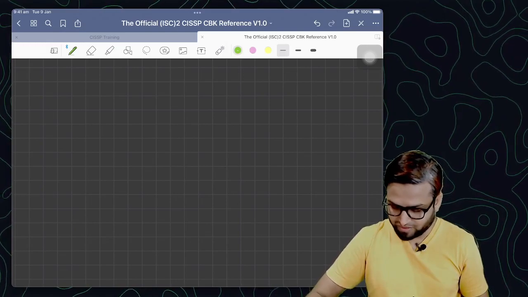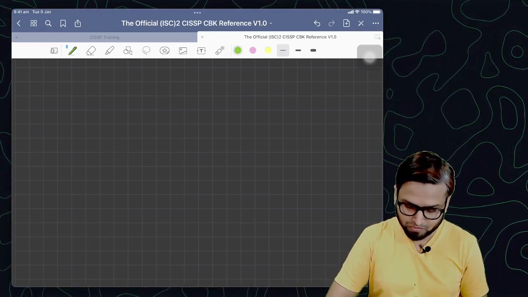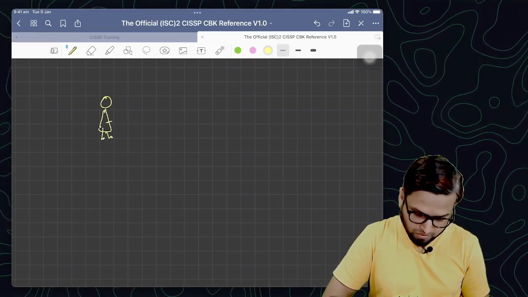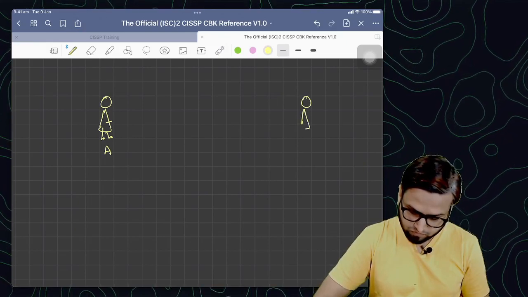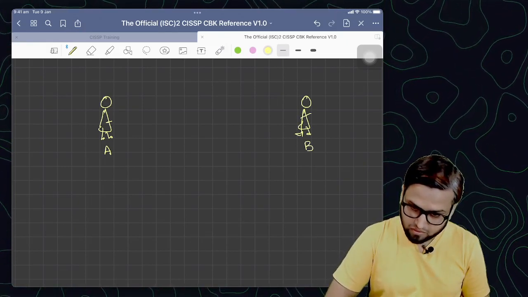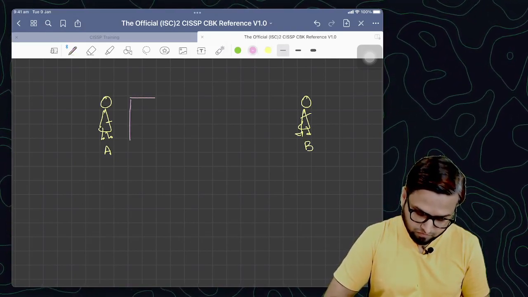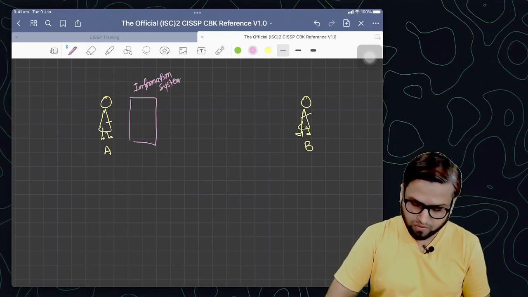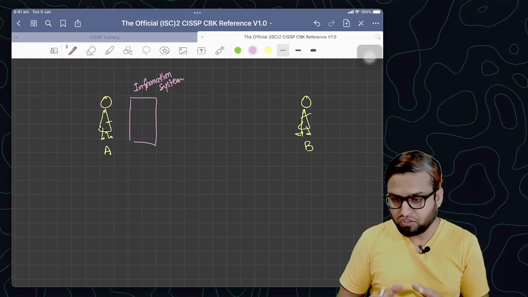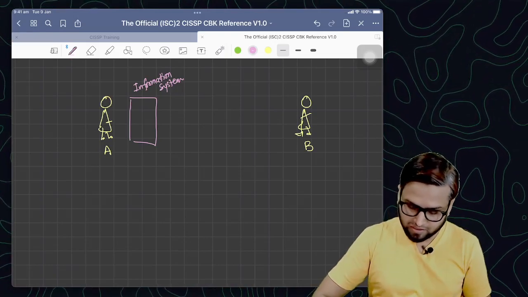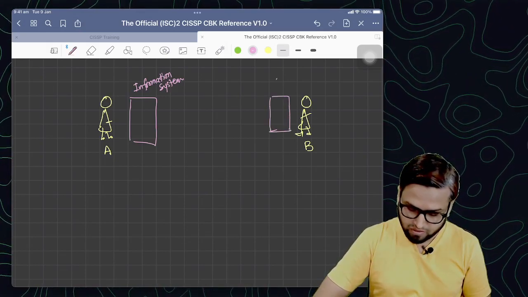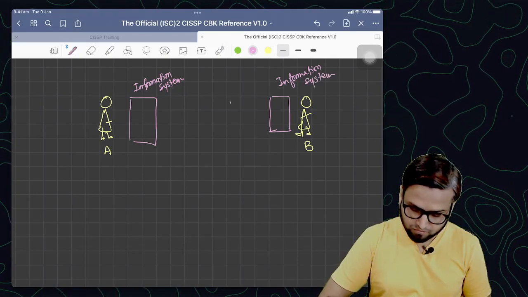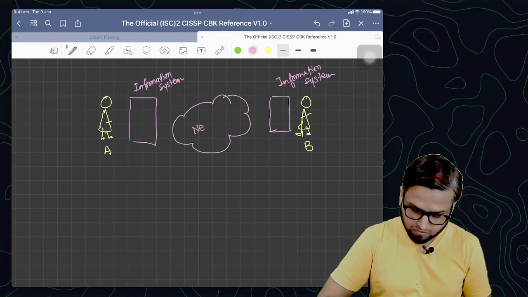So let's imagine a communication between two people: person A and person B. There is something I will call an information system, which is all the infrastructure used in sending the message from A. Similarly there is an information system with B, and a network in between.